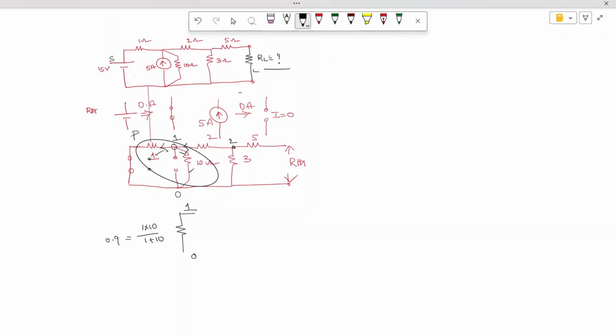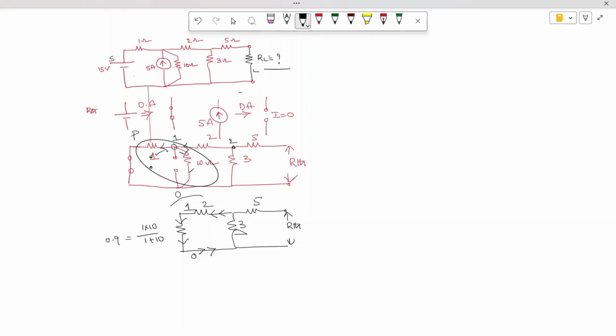And from 1 it continues with 2, and the remaining network follows. So this is 3 and this is 5, and here we are going to get R Thevenin. This is of 5 ohms, this is of 3 ohm, and again the current which flows here, the same current also will flow here.